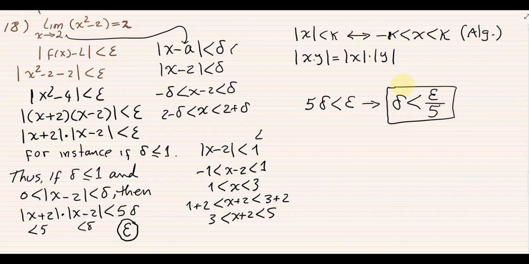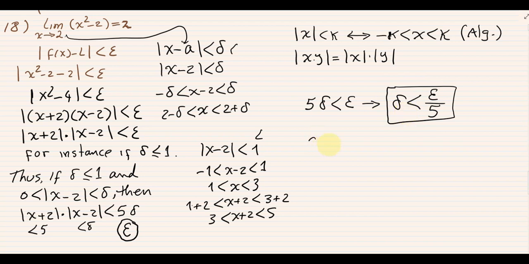Okay, so remember delta is the distance from 2, how far you are from 2 on the x-axis. 2 is the value x is approaching. Delta is how far you are from 2, plus or minus. So when delta is less than or equal to 1, then we show that the actual delta would be less than epsilon over 5, and this statement is true.